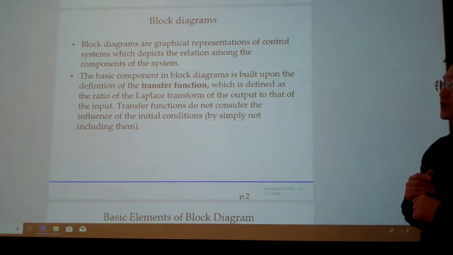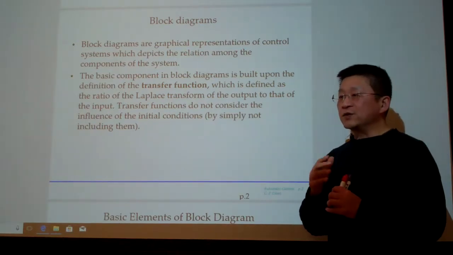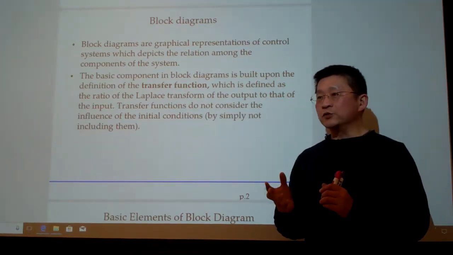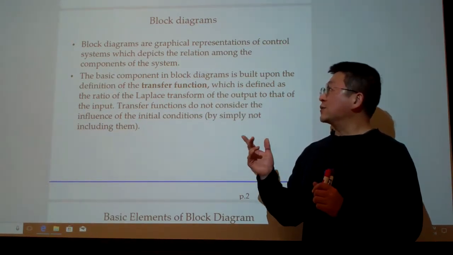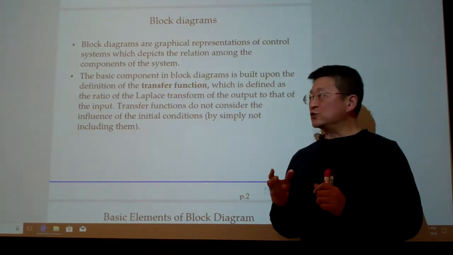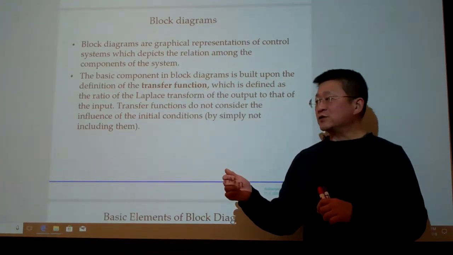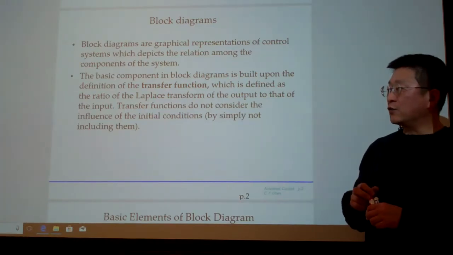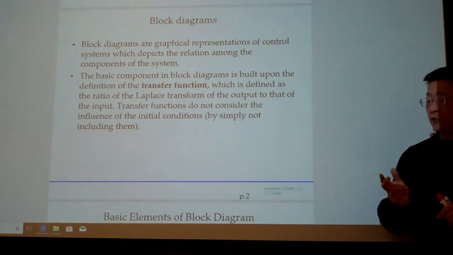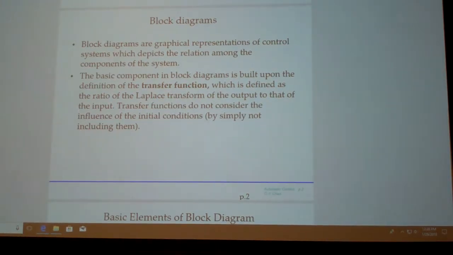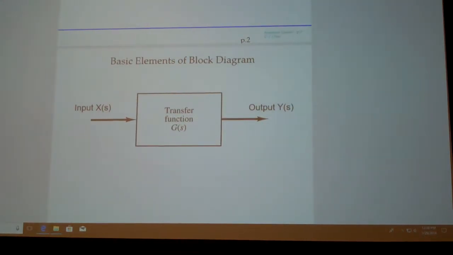And once we have a block diagram, based upon certain simple rules, we can derive the transfer functions from it. Transfer functions are always the first step we achieve before we do the controller design. So these are the basic elements of a block diagram.